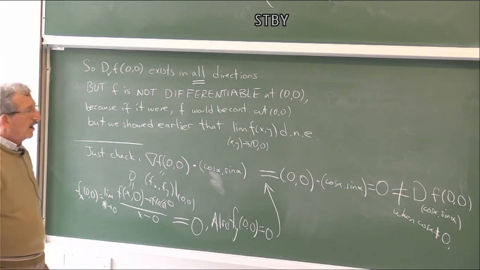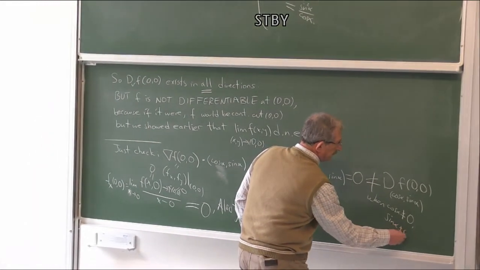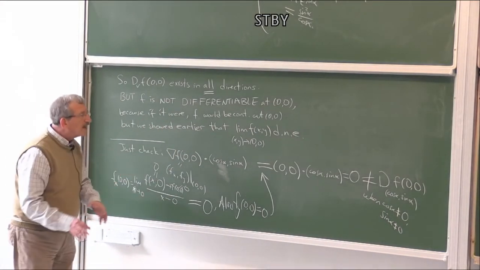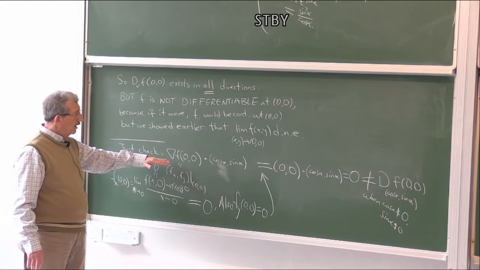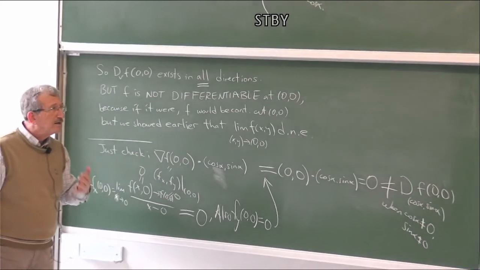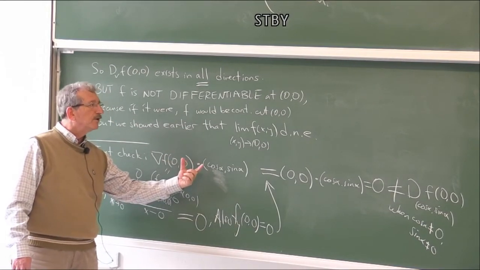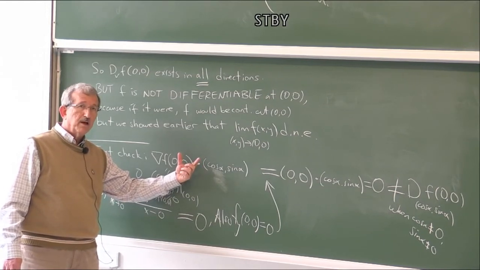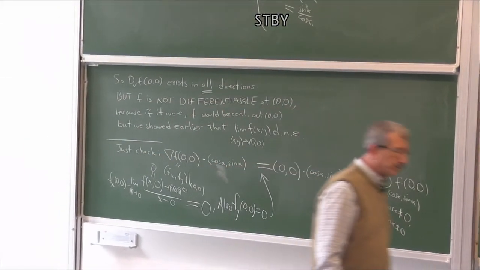Of course, sine alpha must be not equal to 0. So for some alphas where both cosine and sine are non-zero, this does not give us the directional derivative. The reason, as we just mentioned, is that f is not differentiable. This short way of evaluating the directional derivative using the dot product is not correct if f is not differentiable. Well, at least it's not guaranteed. So we cannot use it.